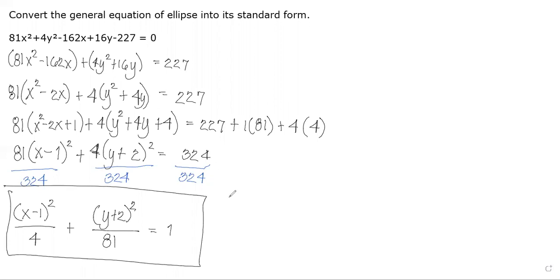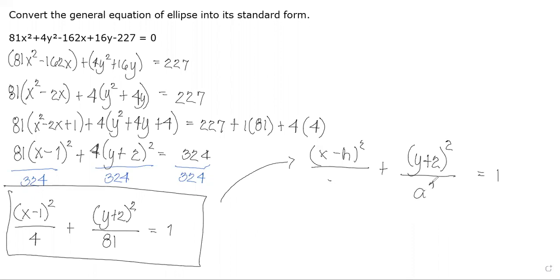So to identify then yung mga element niya, since that is in the form of (x minus h) quantity squared over, mamaya na yan kasi, mamaya naman yan, which is over blank equals 1. So ganito yan sa ellipse. Kung alin yung mas malaki, ayan yung a squared. Okay, so since malaki si 81, ayan yung a squared.